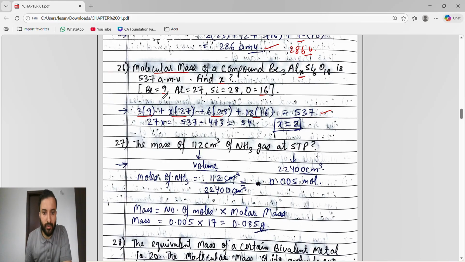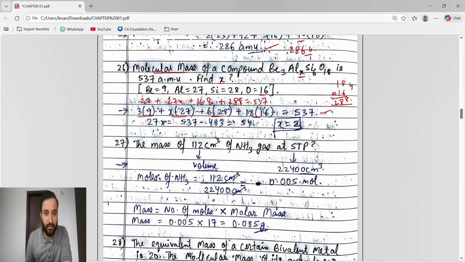When you solve this, 3 times 9 is 27, plus 27X, plus 28 into 6, which is 168, plus 18 into 16, which is 288, and this equals 537.